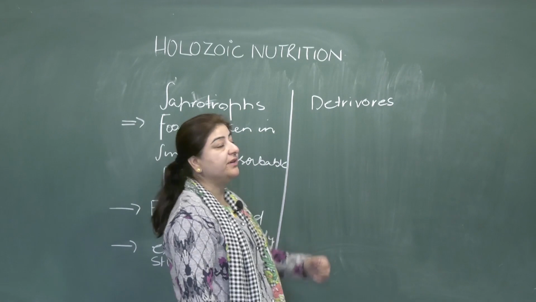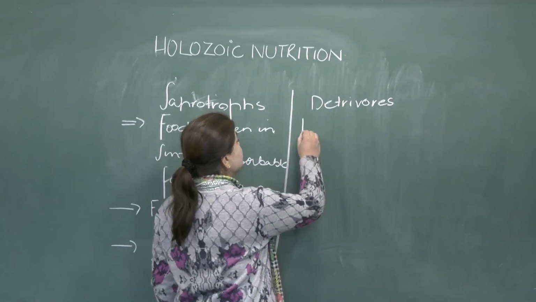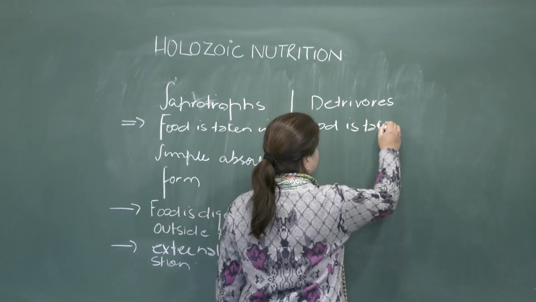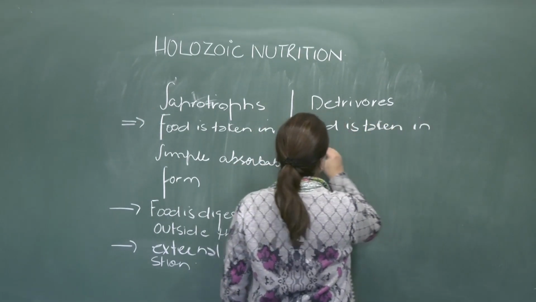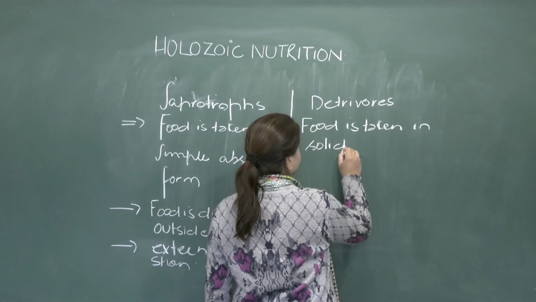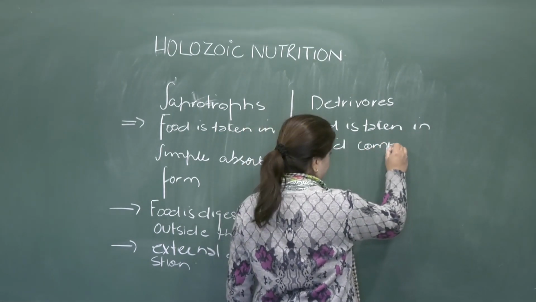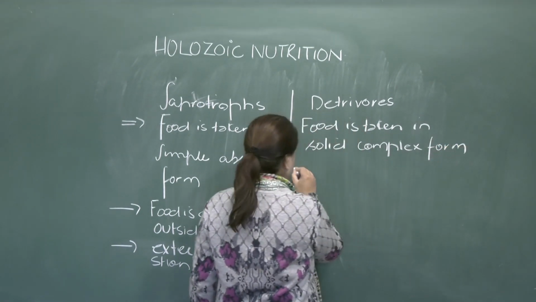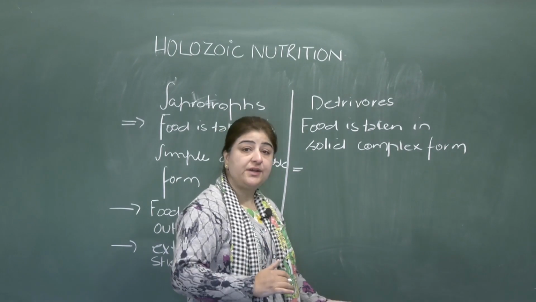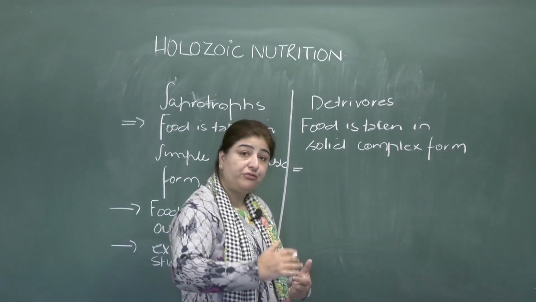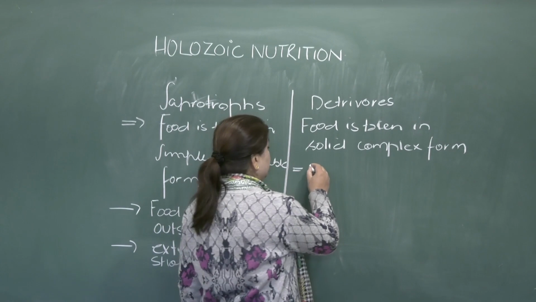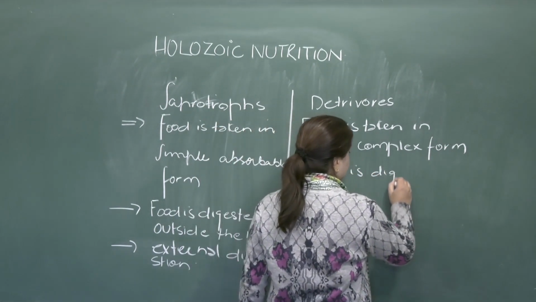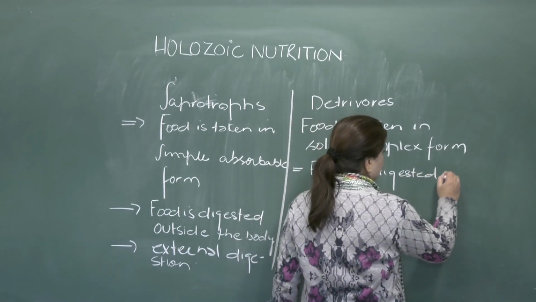Now in the case of detritivores, what happens? Food is taken in solid, complex form. Now this food is converted into a simpler absorbable form, or the food is digested inside the body.